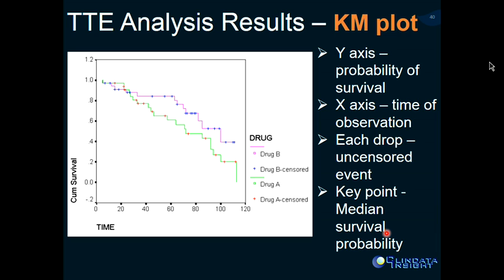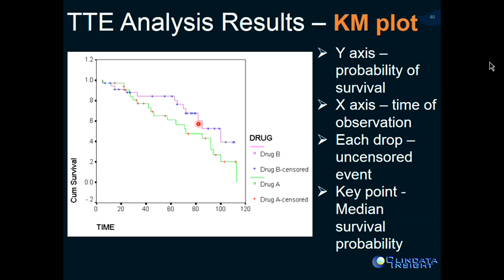The most popular result for time to event analysis is the Kaplan-Meier curve, or Kaplan-Meier plot. As you see on the left side, the y-axis is the probability of survival, basically how many patients survived at a given time, and the x-axis is the time of observation. As you see, there is a drop from here, drug B, to there.